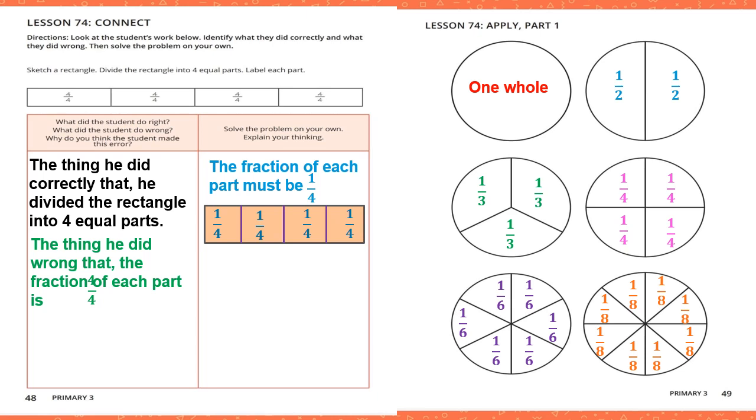Let's notice something. When we divide the same circle between 2 students into 2 parts, each student will take 1/2. But when we divide the same circle among 3 students, each student takes 1/3.